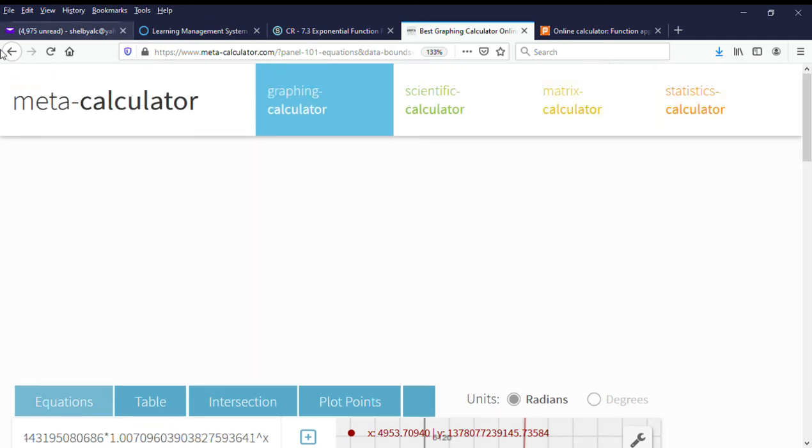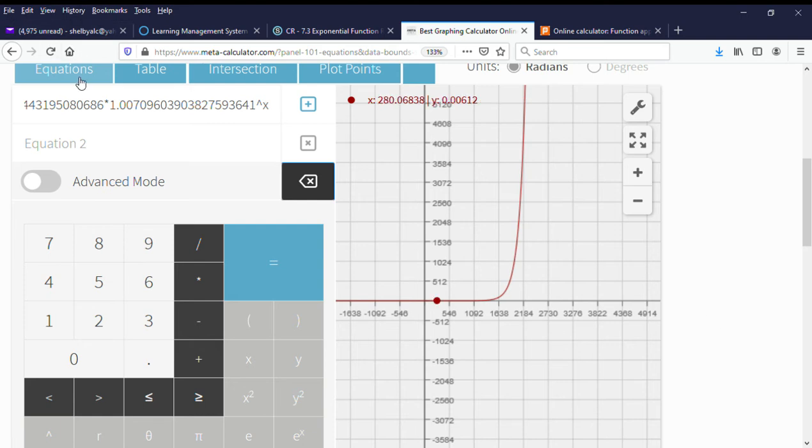So we're on Meta Calculator, graphing calculator, on equations. I just pasted it in there. I'm going to be super accurate, super precise with my approximation because I've got all those decimals. It's going to be amazing. I like to change that little dot into the asterisk, Shift 8, which represents our multiply sign.